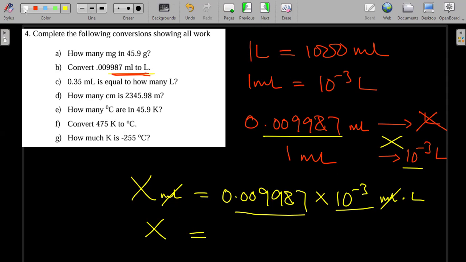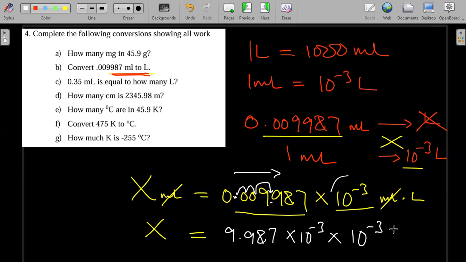What I can do here, I can be smart. In fact, I can solve this without even using a calculator. So I can move this 1, 2, 3. If I move it 3 times, it means I have 9.987, and then times 10 to the power minus 3 because I was moving to the right. And then I also have this 10 to the power minus 3 and then liters.